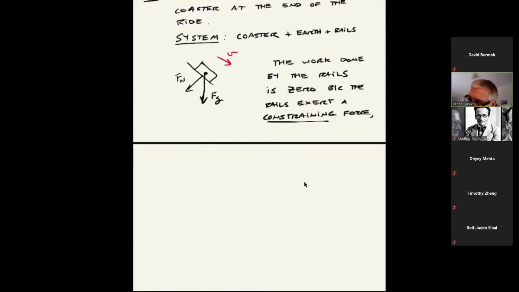So a force that constrains an object to move along a particular path.